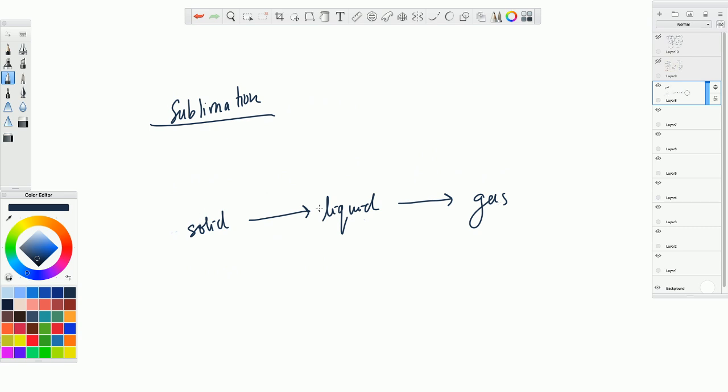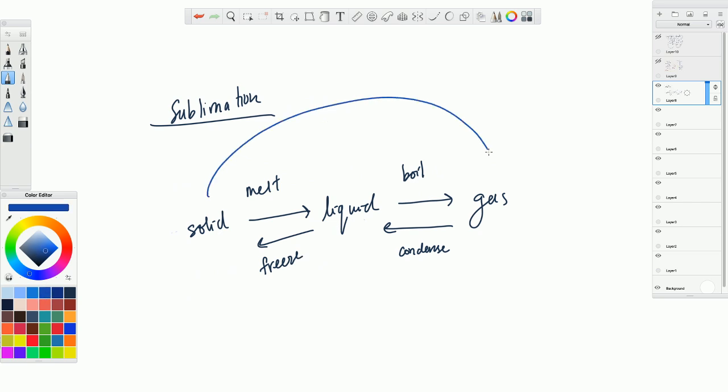Solid turns to liquid is melting, liquid to gas is boiling. Gas can turn back to liquid, condensation. Liquid back to solid is freezing. However, a solid can directly change to gas and a gas can directly change to solid. This is called sublimation.